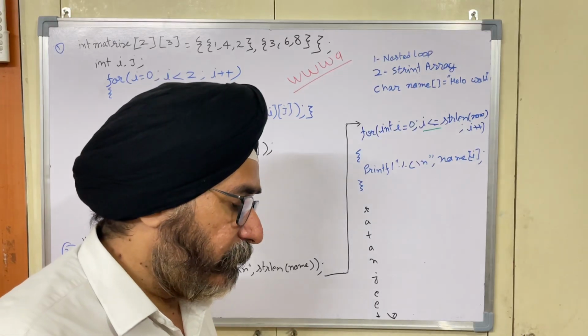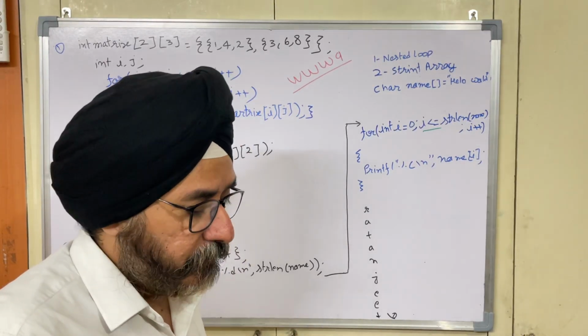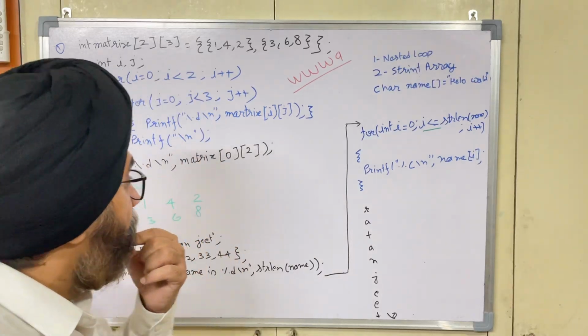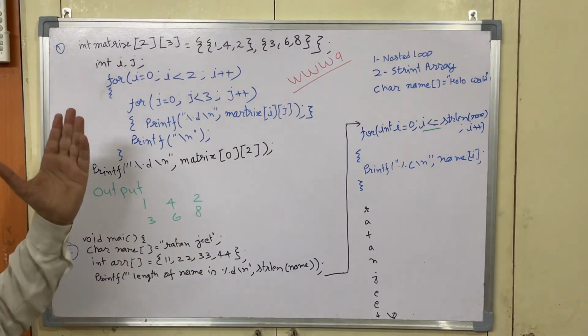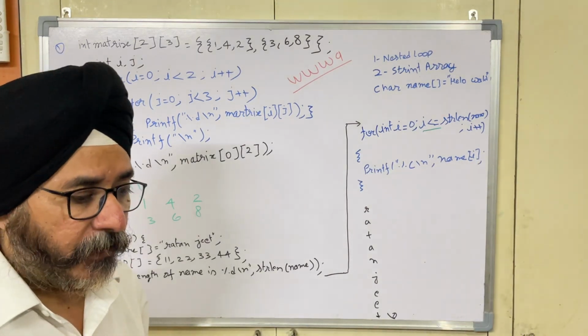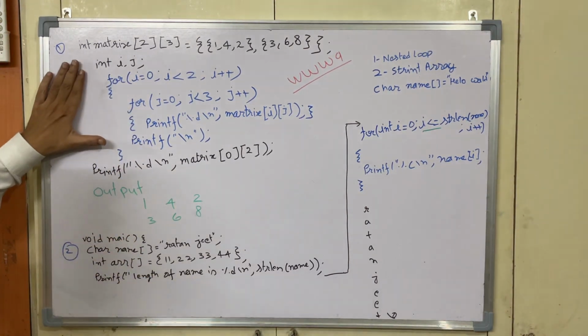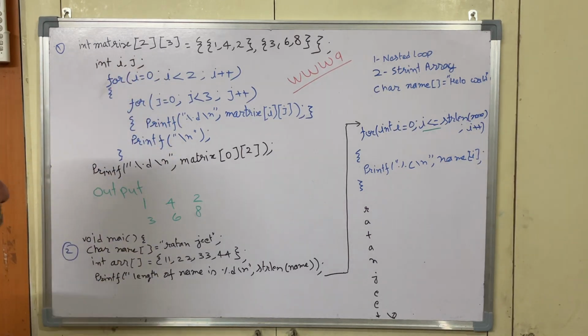As we know, in the single loop we have different types of examples. Here I have worked on double dimension array. This is double dimension array.